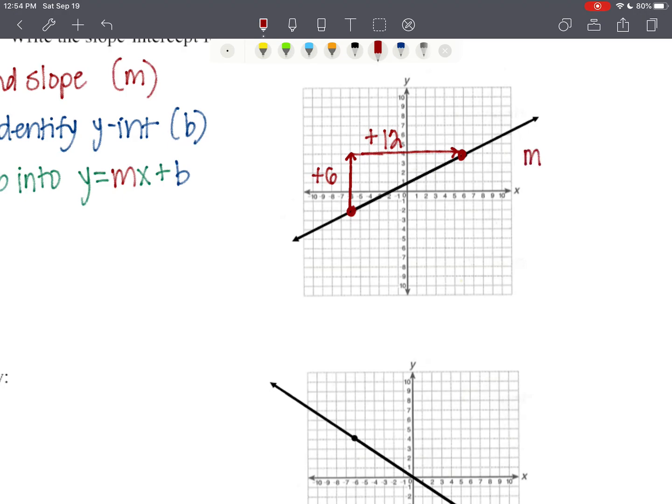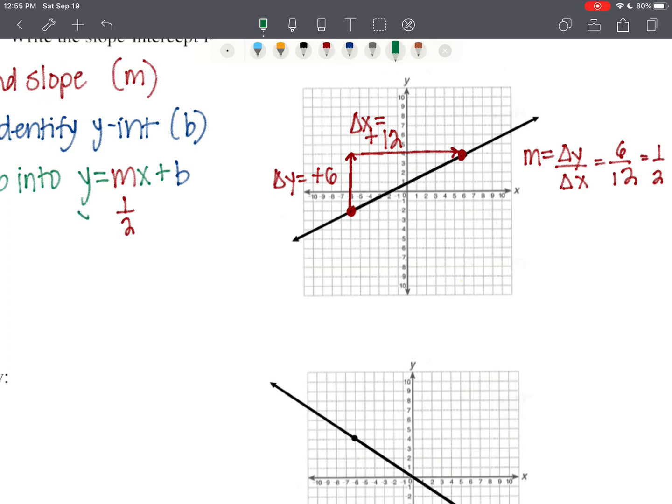So our slope, remember, is change in y over change in x. So that's going to be 6/12, which is 1/2. So far I have y equals 1/2x.